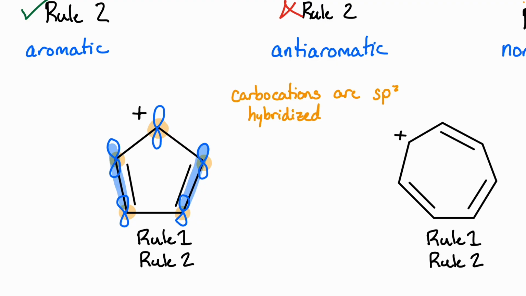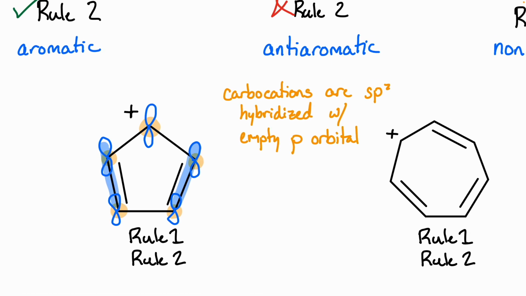So our carbocation is sp2 hybridized with an empty p orbital, and that empty p orbital is able to accept electrons from these neighboring p orbitals. So indeed, these electrons can fully delocalize around that ring. When we're going through rule 1 here, carbocations will not break the hybridization of our ring, or rather the conjugation of our ring, because they are themselves sp2 hybridized.